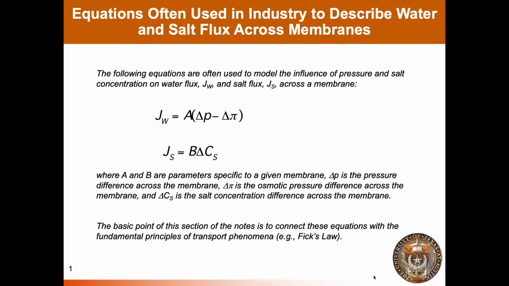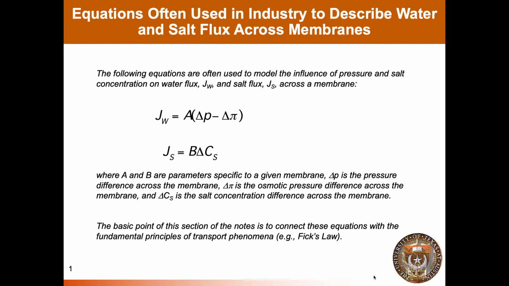So this was our starting point, and we've now derived from first principles the expression for the relationship between water flux and delta P minus delta pi. You can take the expression on the last page and it will tell you directly what this parameter A is in terms of the molecular properties of the material. That is the water diffusion coefficient and partition coefficient or water uptake, and the thickness of the membrane.